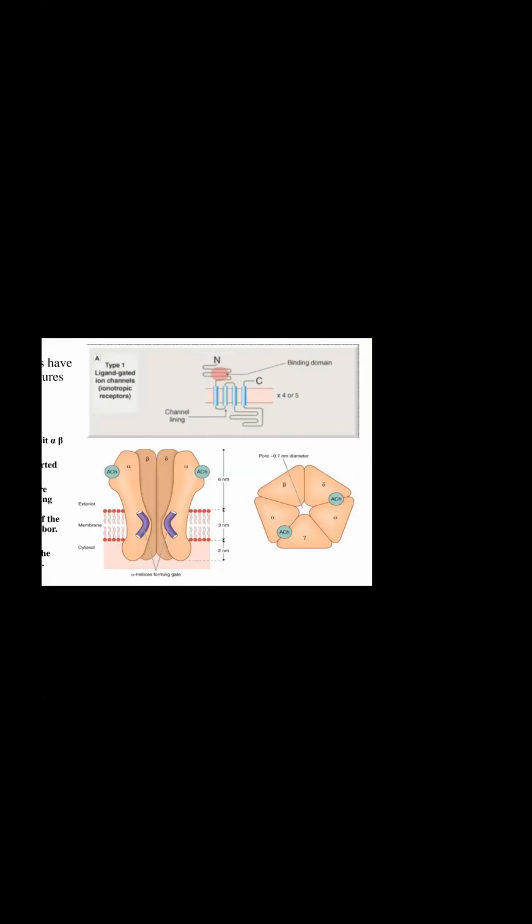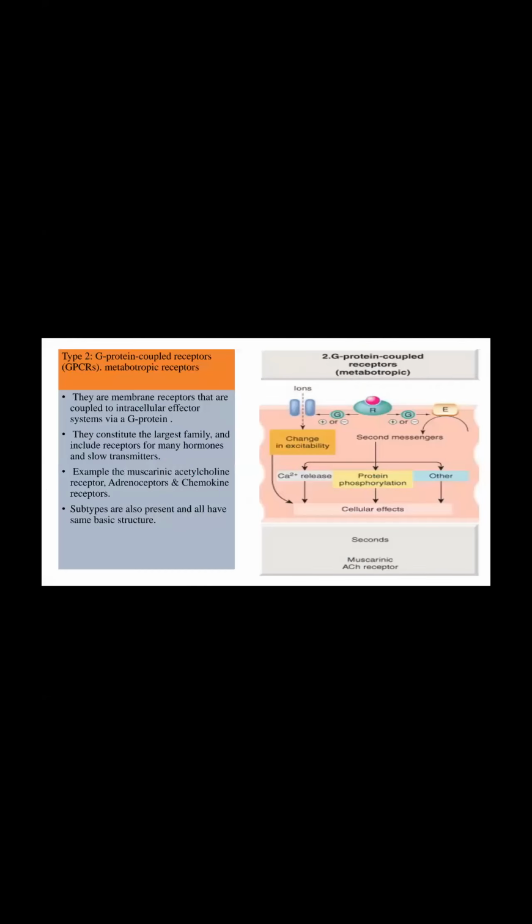Okay. Now the second is G protein coupled receptors, GPCR, metabotropic receptors. In this, as the name suggests, the receptors are present in the protein. The drug will bind with the protein. Okay, it might be on the surface or it might be inside the cell, depending.